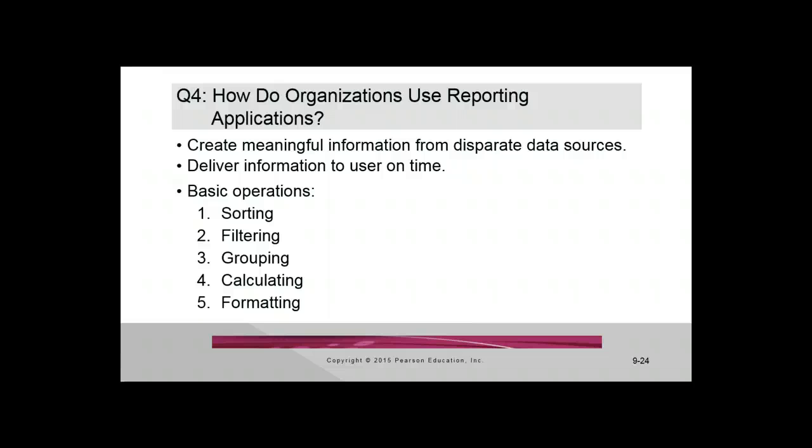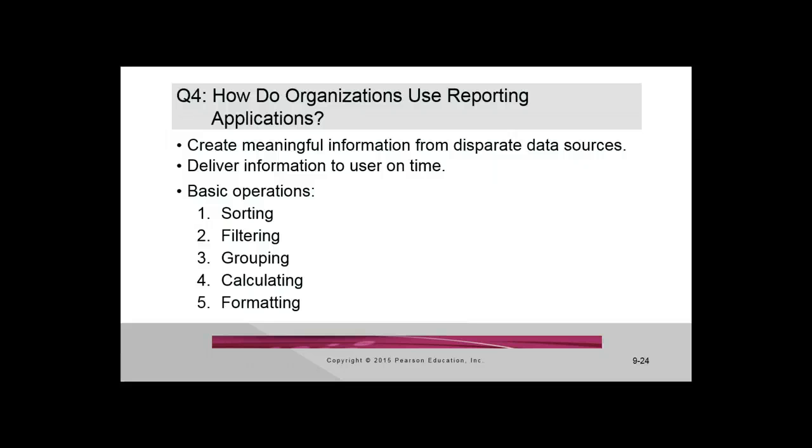Reporting applications take data, apply reporting functions, which we'll talk about in a second, and come out with information that we can make decisions on. So we have this BI data, which may be in a warehouse or a mart, and we apply a reporting application to it, and from that we get information that we can make decisions on. We're going to go through a couple examples.